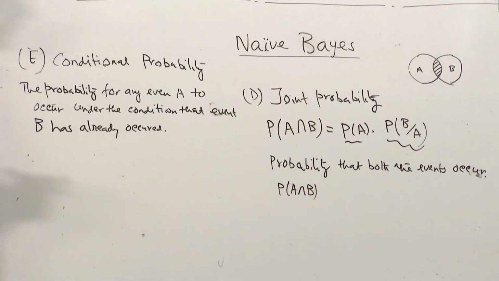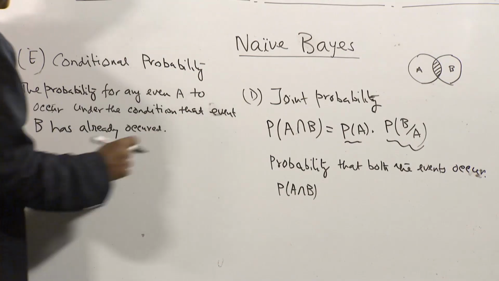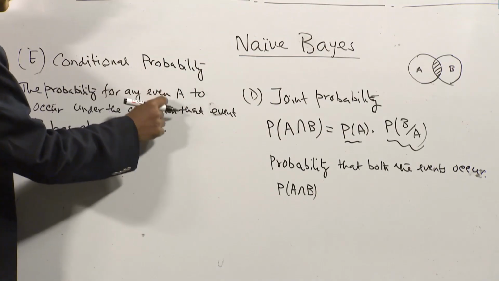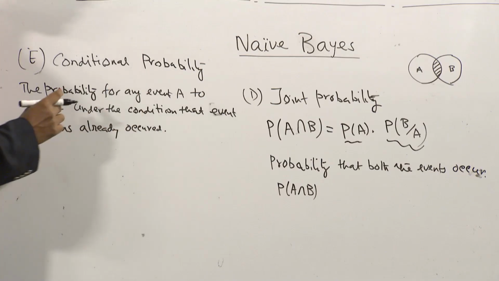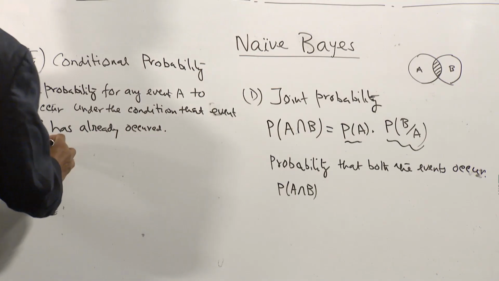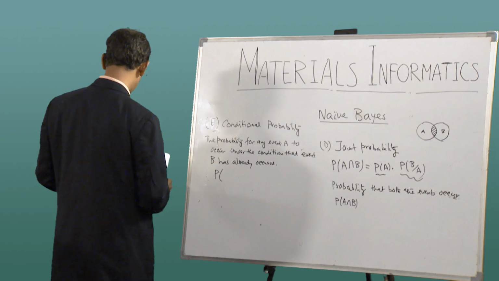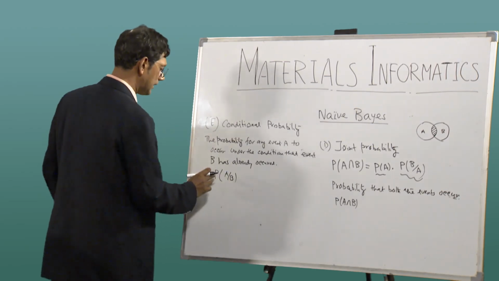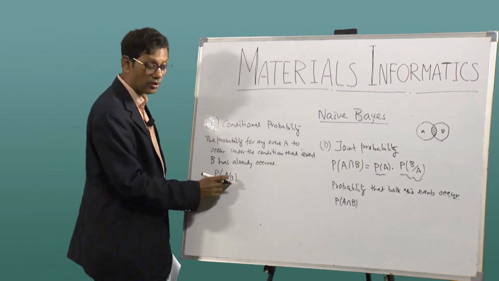I may not go to Mussoorie, I may go to something else, right. There are many aspects possible, but we calculate the probability of event A to occur under the condition that B has already occurred. Am I clear? So, now this is written as P of A by B, probability of A when B has already occurred.